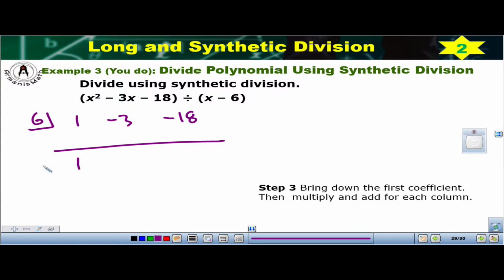I got a 1, that's a 6, that's a 3, that is an 18. Uh-oh, look what's going to happen here. What would I get here? Oh my gosh, finally. Woo! Finally, a problem gives us a 0.